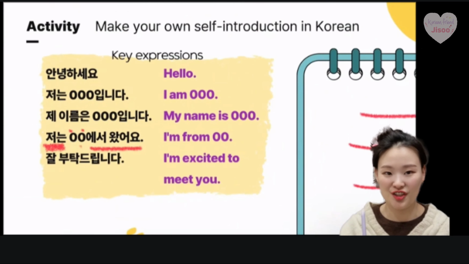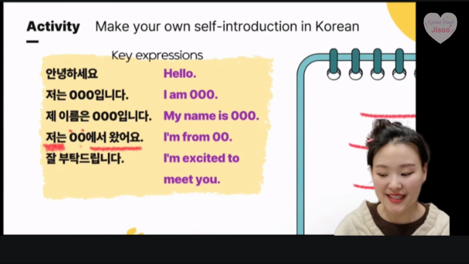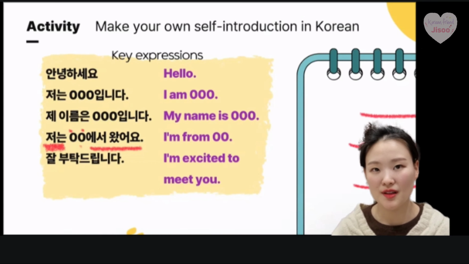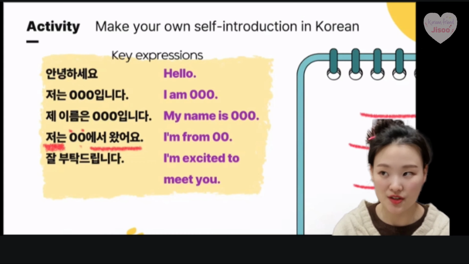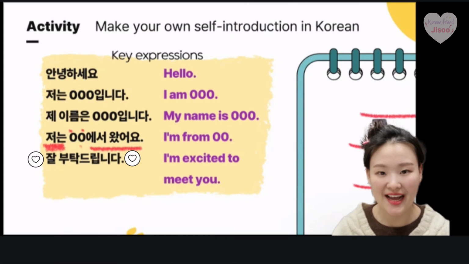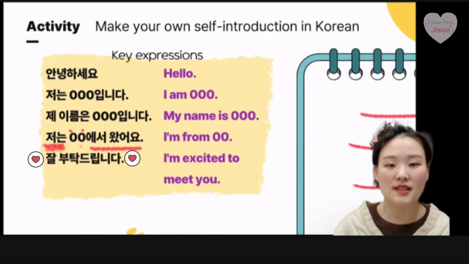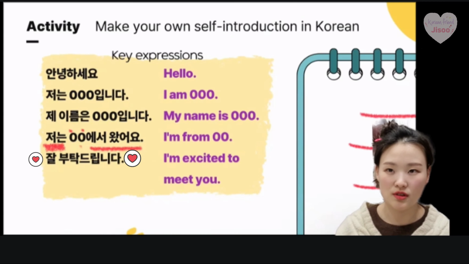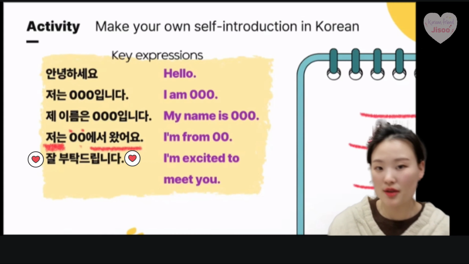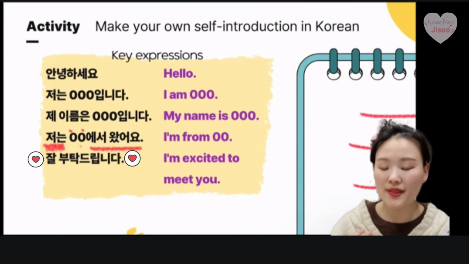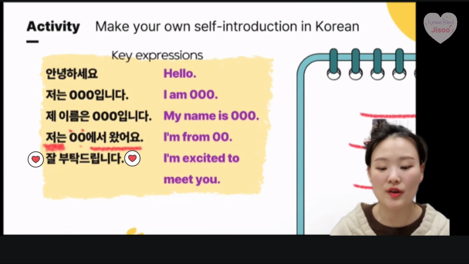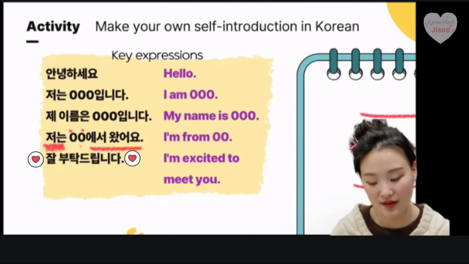And I'll give a cultural tip. Almost 99% of Korean people ends their self-introduction with this sentence. 잘 부탁드립니다. It doesn't mean excuse me, but it means even though I'm not perfect, I hope we could have great time being together.